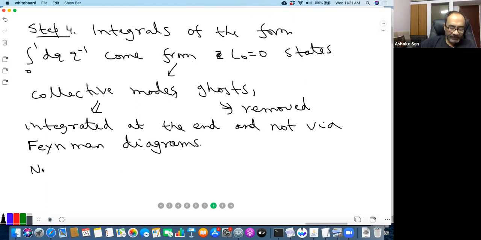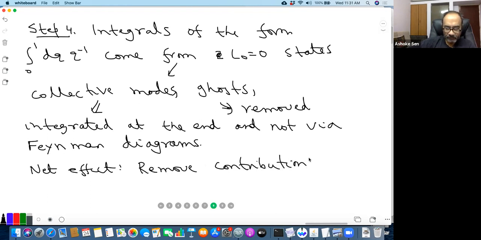So the net result, irrespective of whether it's coming from the collective modes or the ghosts, is to basically remove contributions of this form, involving integral 0 to 1 dq q inverse, with the understanding that they are taken care of separately.